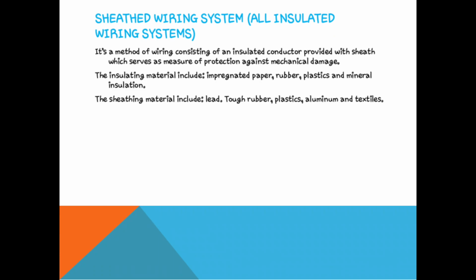The insulating materials include impregnated paper, rubber, plastic, and mineral insulation. The sheeting materials include lead, tough rubber, plastic, aluminium, and even textiles. So that is the sheeted wiring system.